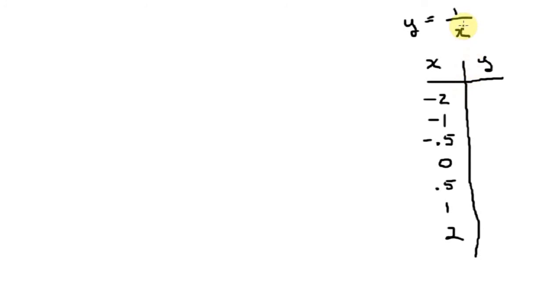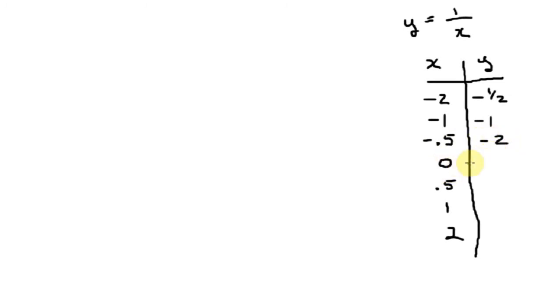So 1 divided by -2 would just be -1/2. Okay? And we plug in -1, we get 1 divided by -1, which is -1. 1 divided by -0.5, if you do it on the calculator, you'll actually get -2.